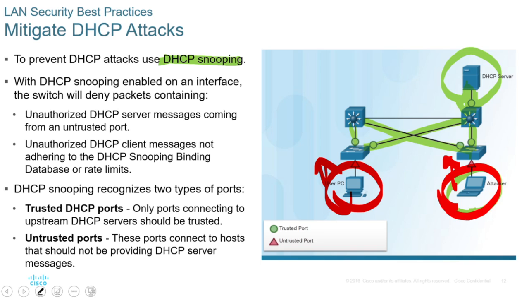Whereas the other ports, this one or this one, are not trusted ports. They are untrusted ports because they don't connect to a DHCP server. So this is based on the knowledge that we have about the DHCP server.